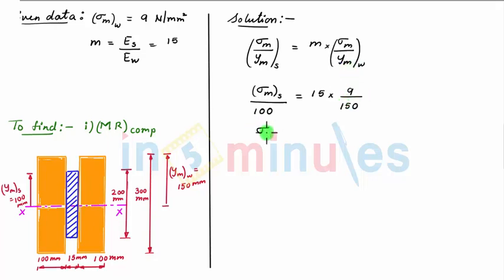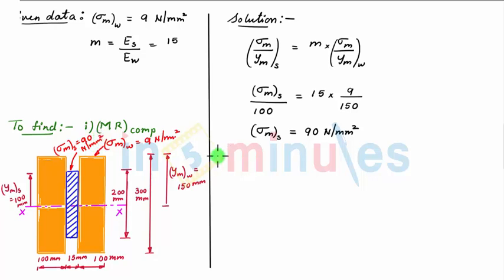So sigma max of steel comes out to be 90 Newton per mm square. So if at the extreme top layer of the wooden section sigma max of wood is equal to 9 Newton per mm square, the stress at the extreme top layer of the steel section, sigma max of steel, will be equal to 90 Newton per mm square.